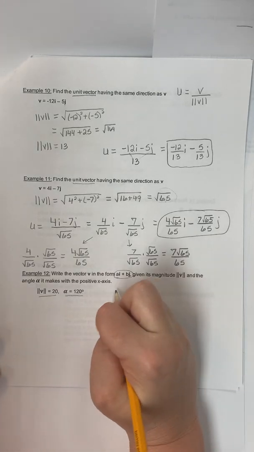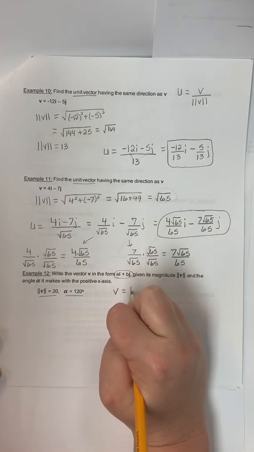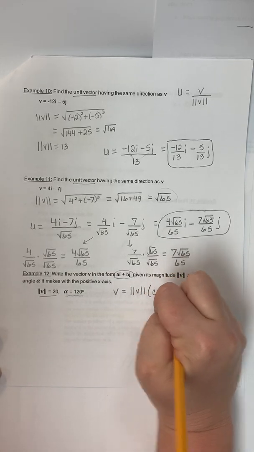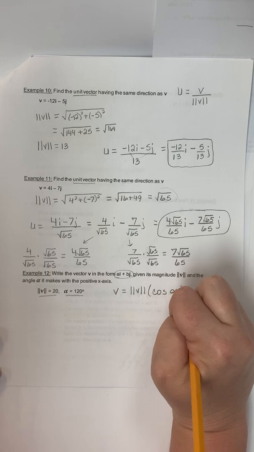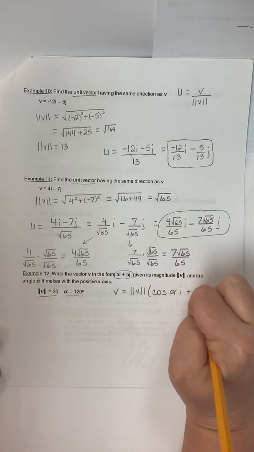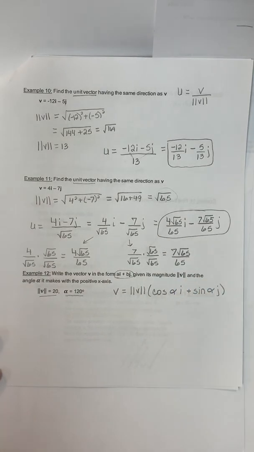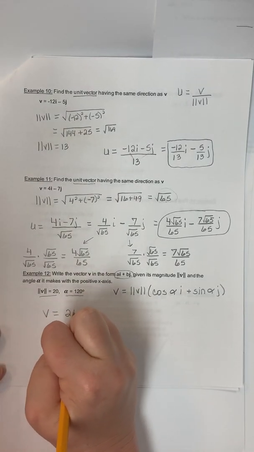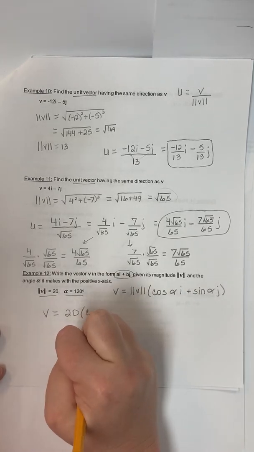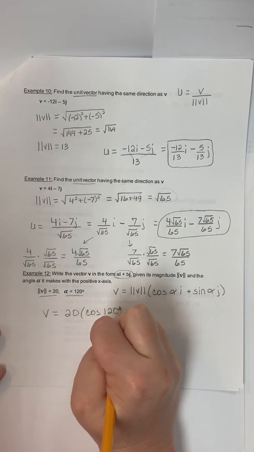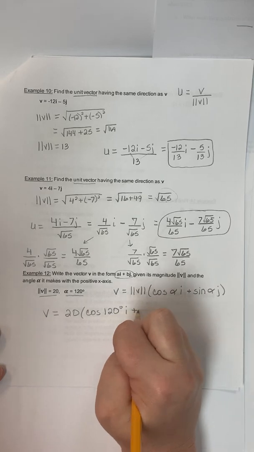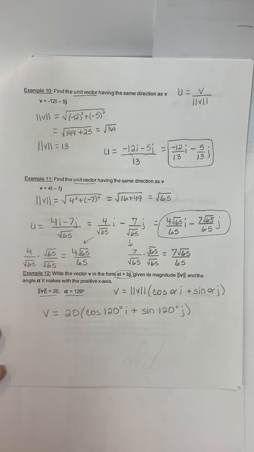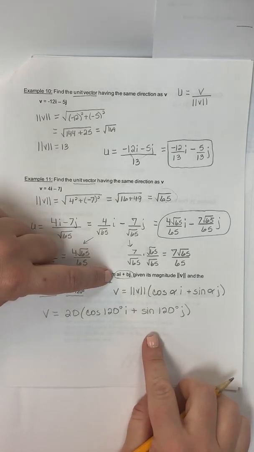Okay, so my formula I'm going to use is that the magnitude times cosine alpha I plus sine alpha j gives me my vector. Okay, so my vector is going to be 20 times the cosine of 120 degrees I plus the sine of 120 degrees j. Now we are not done because it doesn't look like this yet.